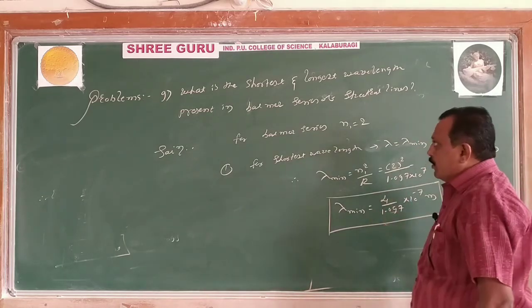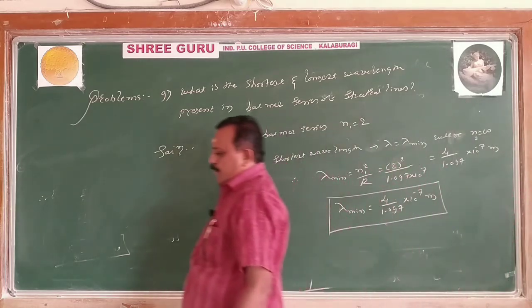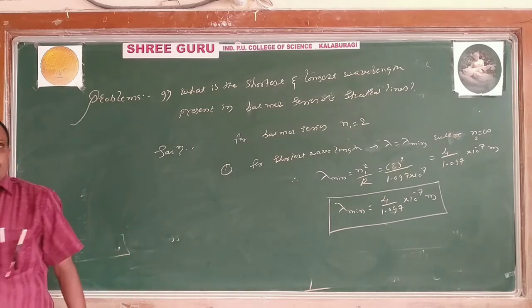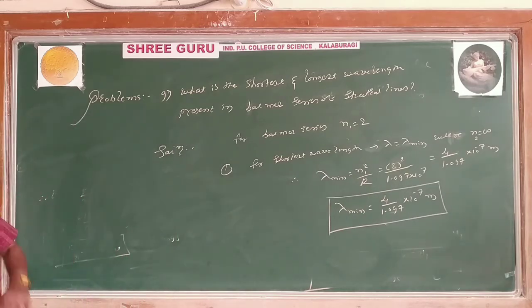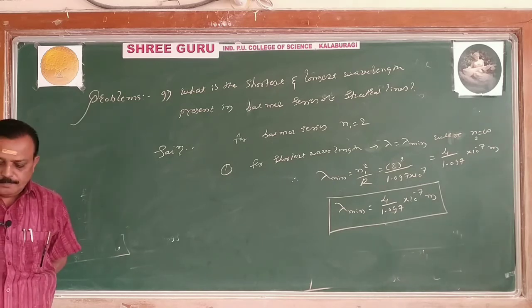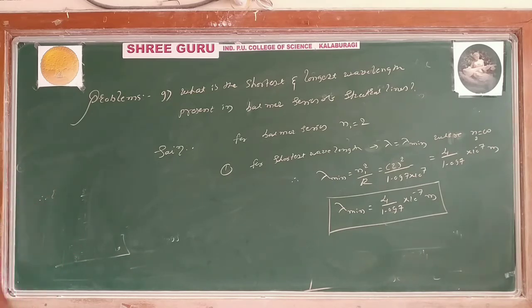Now the maximum wavelength. What is the condition for maximum wavelength? n2 equals n1 plus 1. Take a look at this. Shall I go for the maximum wavelength concept?